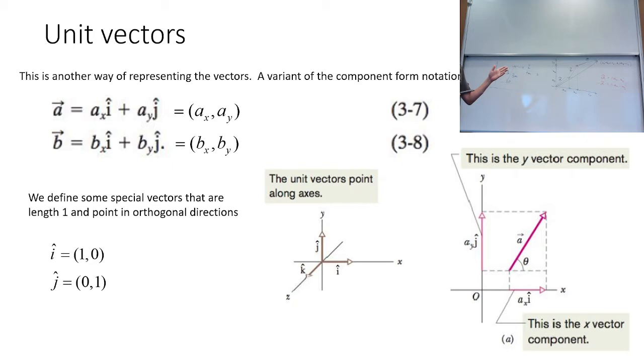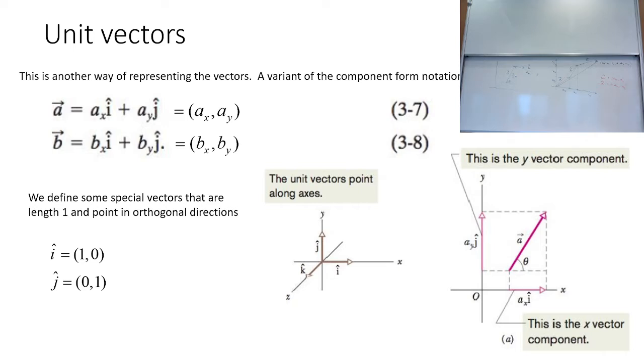Okay, some of you, yeah. I remember being confused by this in first year physics because it looks an awful lot like just components. We've already talked about components. A has components AX, AY. Firstly, let me just explain what it is.